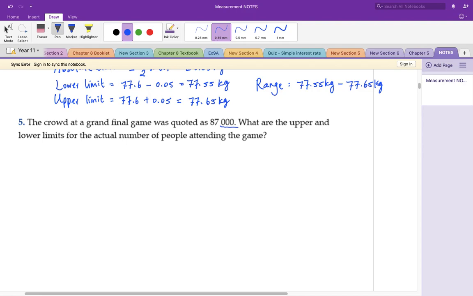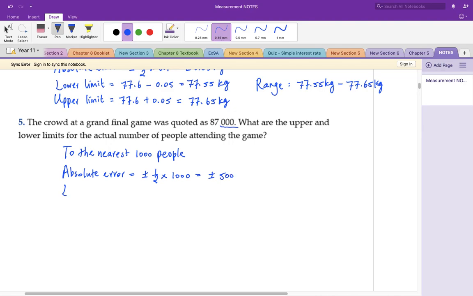So actually, we're rounding to the nearest 1,000 people. That's because we're looking at real life. If it's a measurement, then it will be to the nearest 1 centimeter, for example. But if we're looking at people, then it's to the nearest 1,000. So you'll have absolute error equal to plus or minus half times 1,000. So that's plus or minus 500 people.